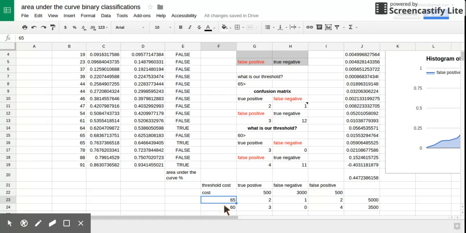So almost any rational individual would choose a threshold of 60 in terms of making their decisions based on their incoming data and based on this particular confusion matrix.